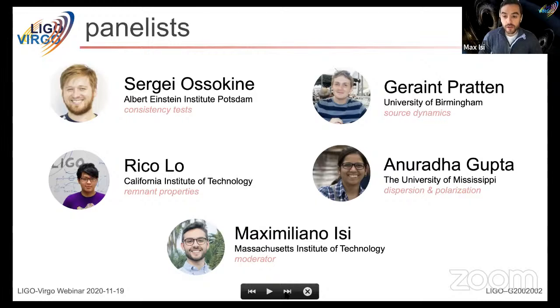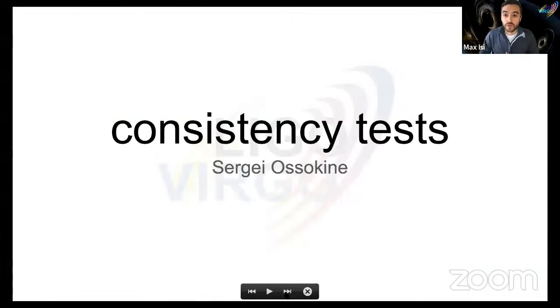We have 4 panelists that will be fleshing this out: Serguei Ossokine from the Albert Einstein Institute in Potsdam, Geraint Pratten from the University of Birmingham, Rico from the California Institute of Technology, and Anuradha Gupta from the University of Mississippi. Needless to say, we are all extremely happy to be representing the work of the many, many LIGO-Virgo colleagues that have made this possible. To get started, I will hand it off to Serguei, who will start telling us about the most generic type of tests that we carry out, the consistency tests. So Serguei, take it away.